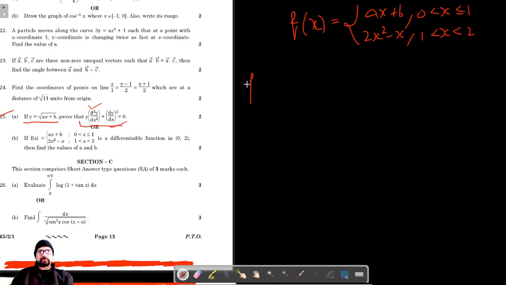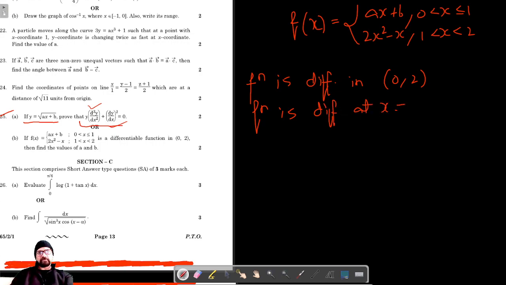So the given function is differentiable in 0 to 2. That means the function is also differentiable at x is equal to 1.